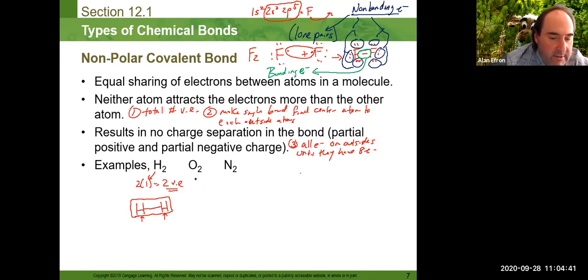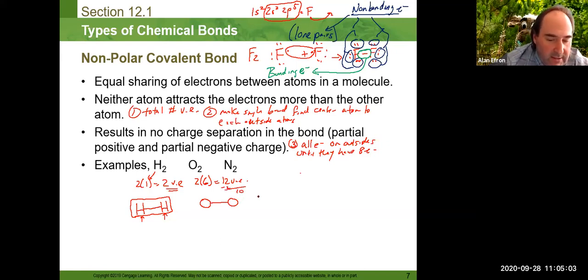Now, if we look at O2, there are 2 oxygens. Each is group 6. That is a total of 12 valence electrons when I draw my picture. So if we follow the same approach here, we're going to go oxygen and oxygen. We're going to make 1 bond. That is now 2 electrons. If I subtract 2 electrons here, I've got 10 more electrons to go.